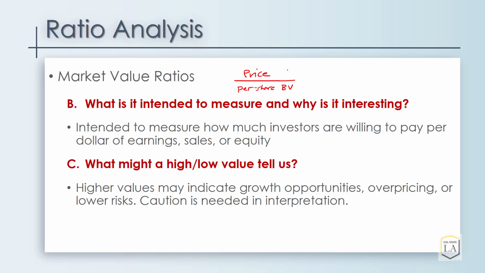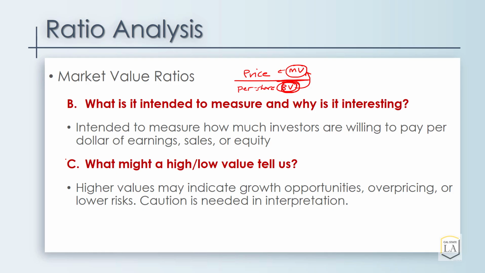So price, which is from the market, you're taking market value as your numerator, and then the denominator would be book value. So we are trying to take a ratio between the market value and book value, and compare it. So in the eyes of an investor, $1 of earnings, $1 of sales, $1 of equity, how much is it worth? How much are they willing to pay for $1 of earnings, $1 of sales, $1 of equity? That's what all these market value ratios are trying to measure.